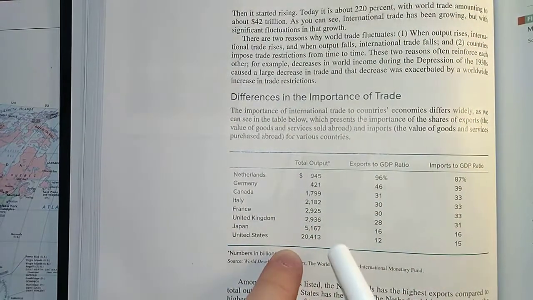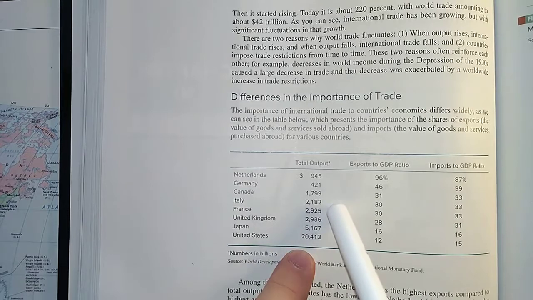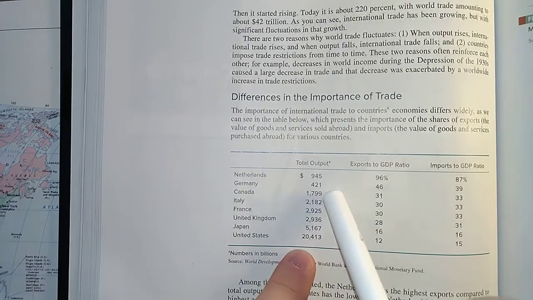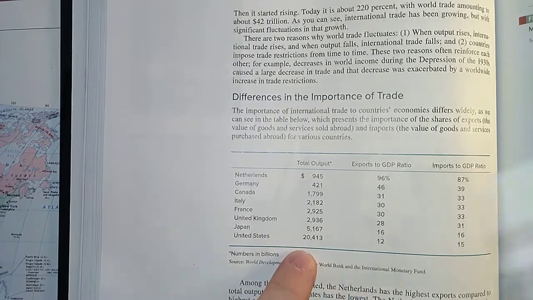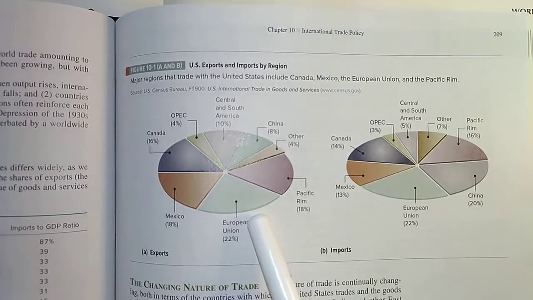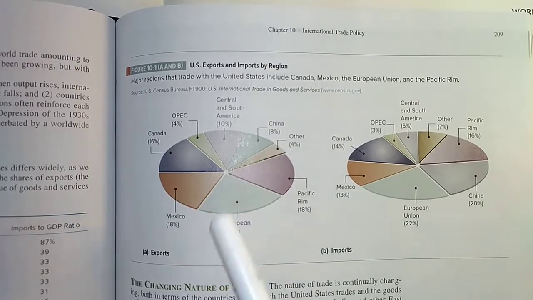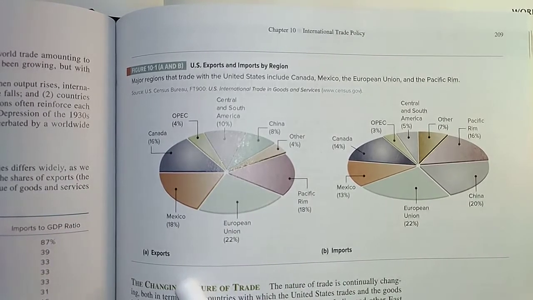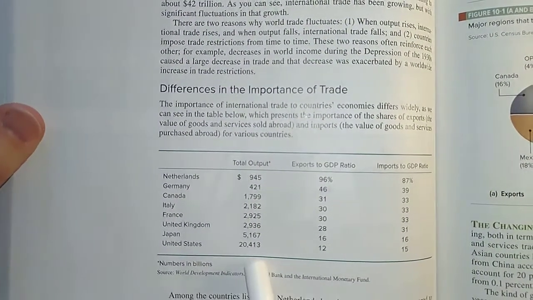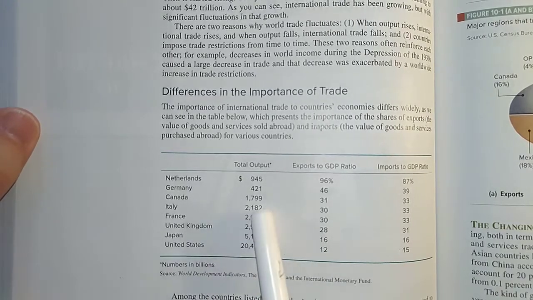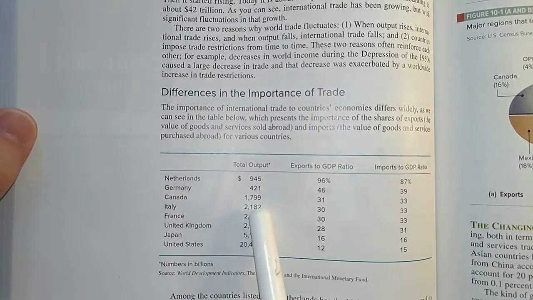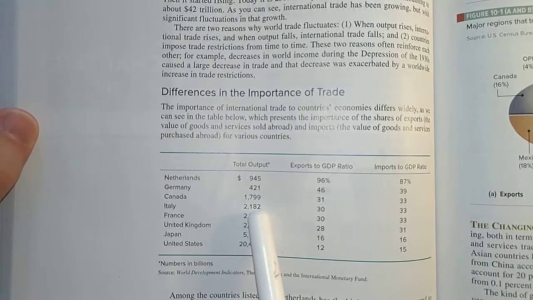If the United States trades with Canada a lot, it's a small proportion of our economy because they're one-tenth of our size. And we already know from the pie charts here that Americans do export a ton to Canada. It's our biggest trading partner, something like $500 billion. But $500 billion out of 20,000 is not really very much. 500 out of 1,799 up here is huge.